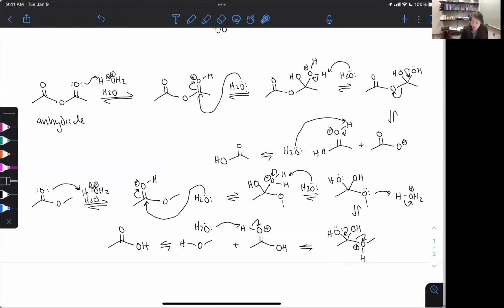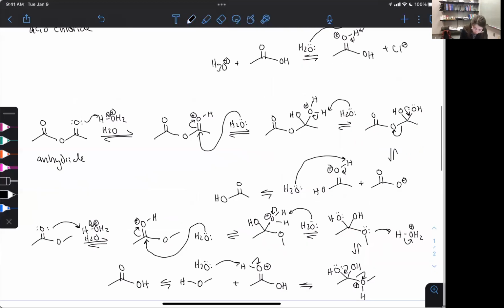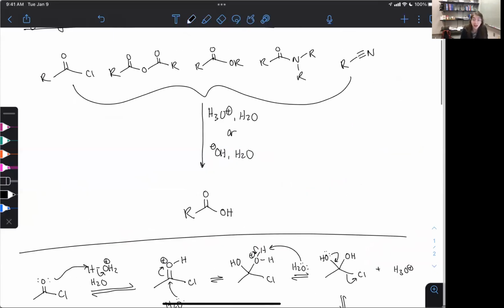There are a lot of options. I'm less worried about this one just because this is a much more stable negative charge than this one is. So it's not that bad to have that one as a negative, in my opinion. Okay, so now we're on to the amide.